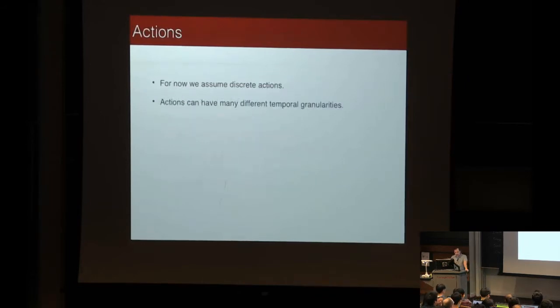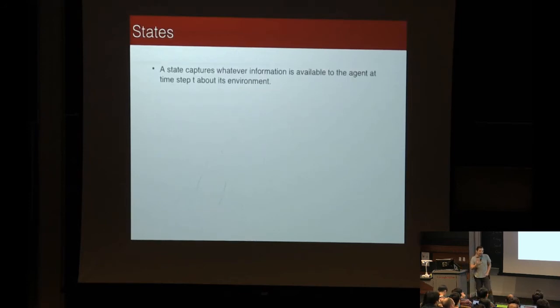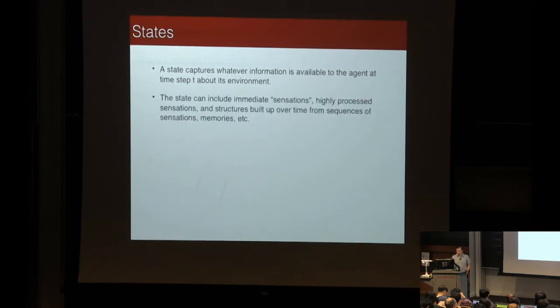Okay, so now we're going to be making an assumption that actions are discrete. Actions can have many different temporal granularities, okay? So let's look at the state. What's the meaning of the state? The state captures whatever information is available in the agent at time step t about its environment, okay? So the state can include immediate sensations. Think of a robot that has some sensors, cameras, right?